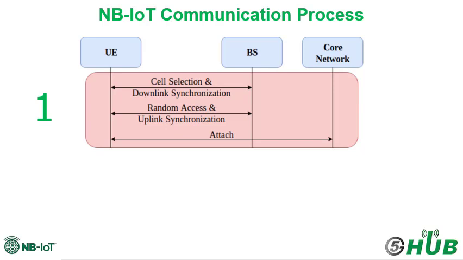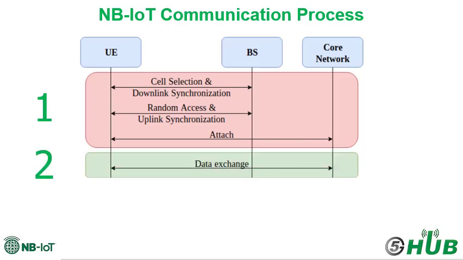This means establishing a connection with the core network, generating the security context, and also establishing the radio bearer. The second step is the user equipment, or the device, starting the attach process. The device can now exchange data between the user equipment and the core network.